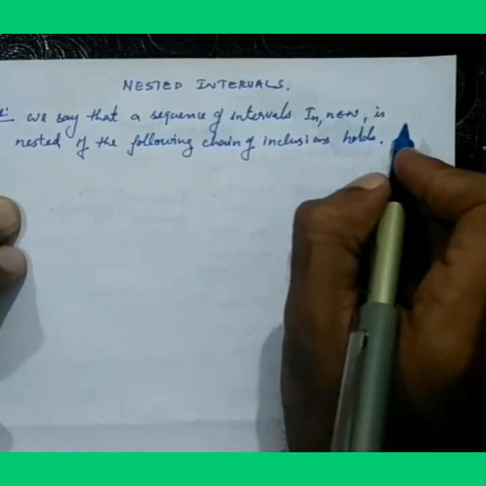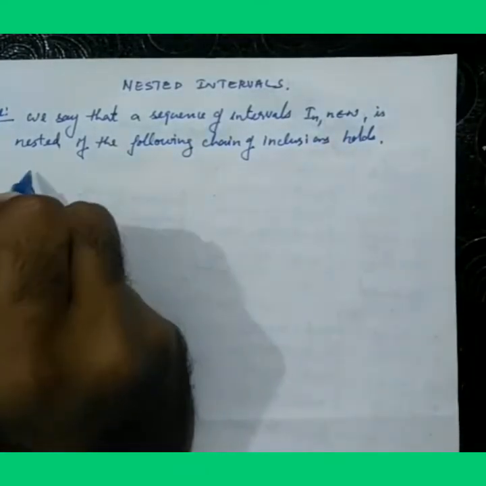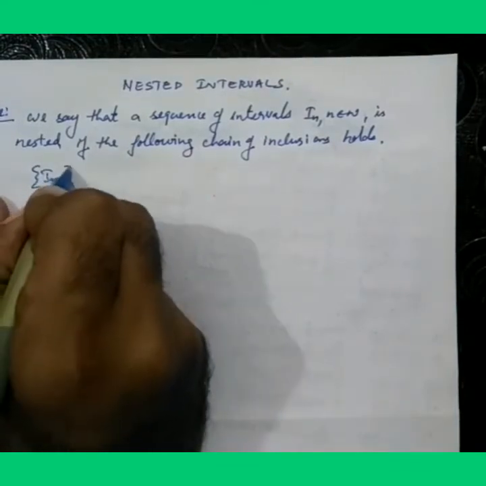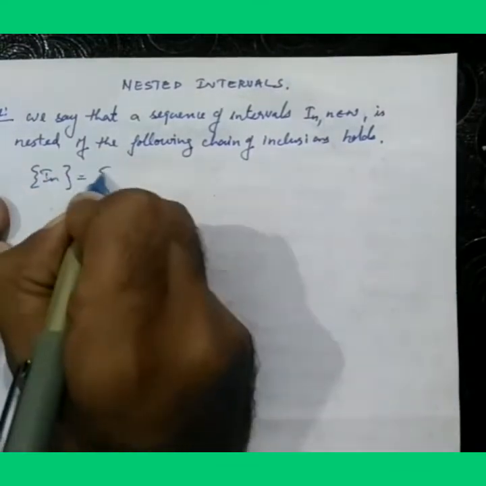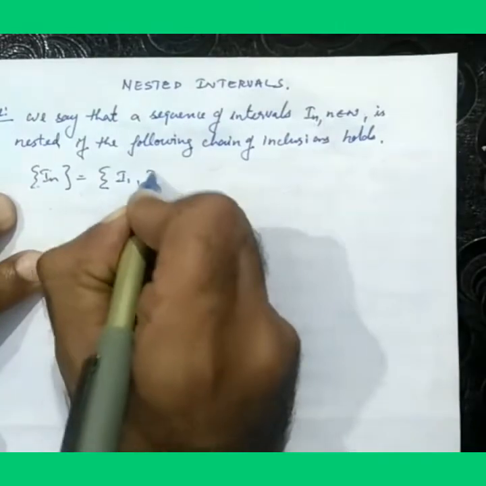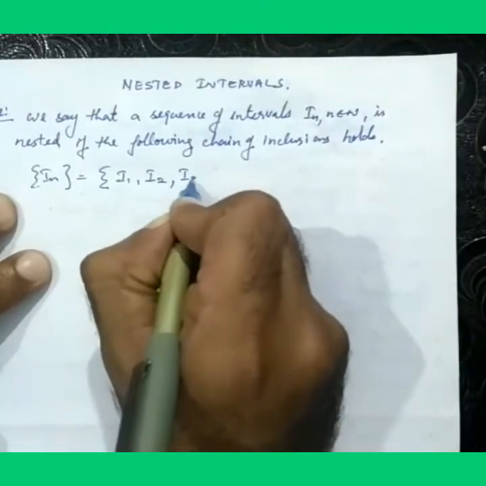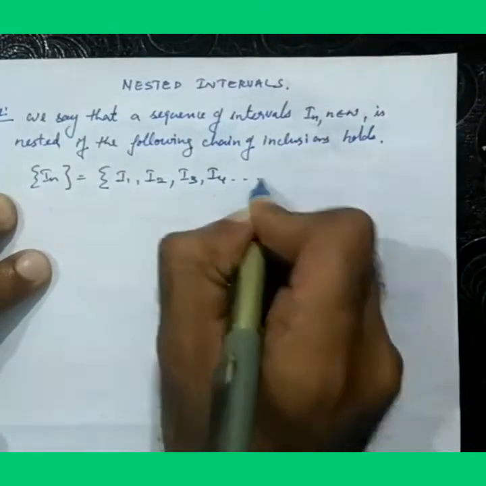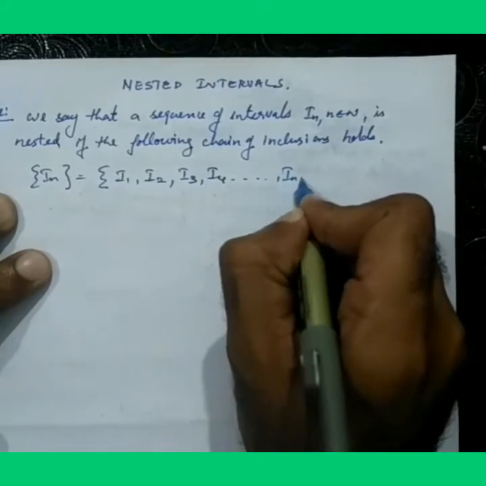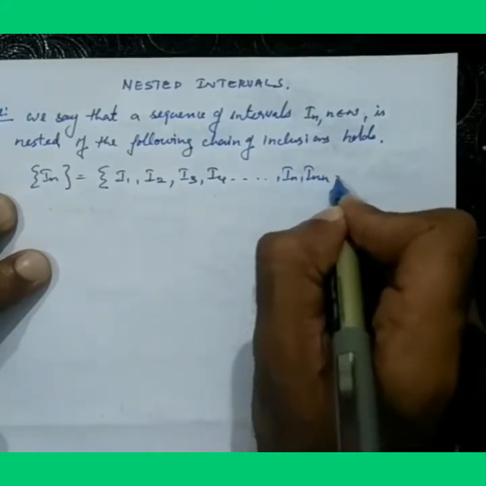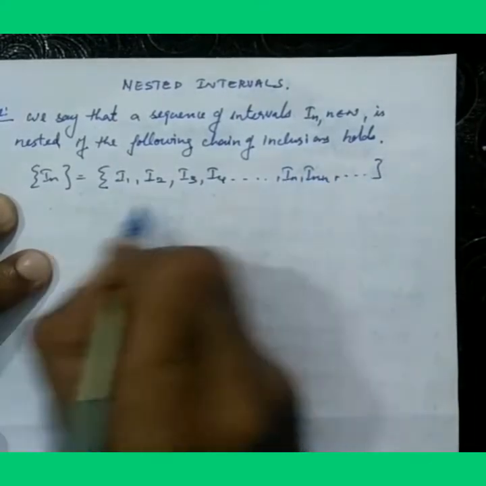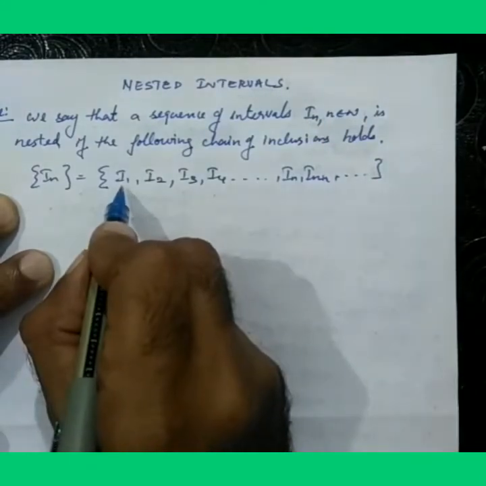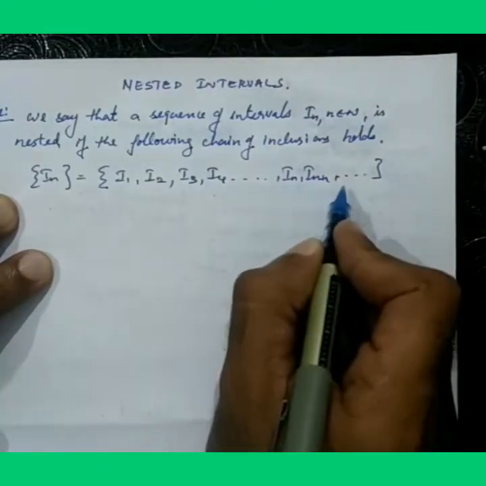That is, we have a sequence I1, I2, I3, I4, etc., I_n, I_(n+1), etc. So this is a sequence of intervals. Each and every I1, I2, I3, I4, etc., all these are intervals.